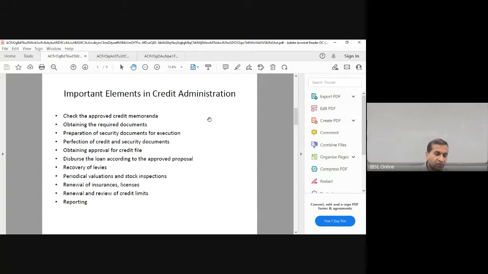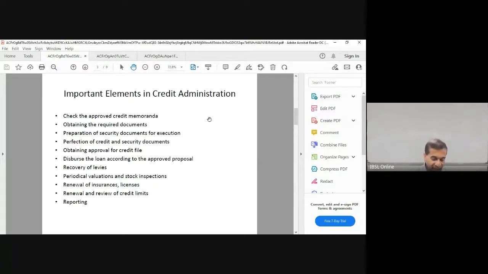By and large, the credit administration department is a separate, independent department, responsible for its job. Its job is not to approve the credit, but to ensure the documentation. But remember, at the end of the day, the credit is an asset, and the asset is reflected through a proper set of files and documents.